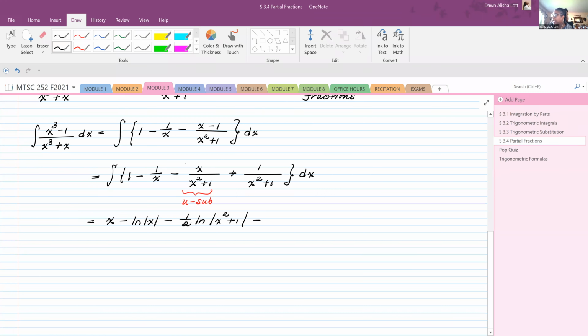And then this last one I should recognize as tan inverse. So therefore, this just gives me plus the tan inverse of x plus a constant.